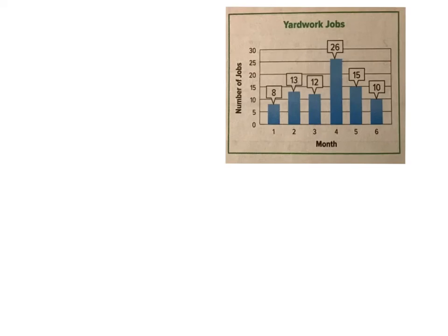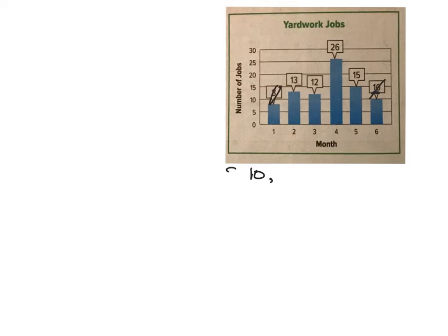All right, let's do the same thing for this data set. We have, let's see, number of jobs, and I'm going to put them in order. So this 10 is the smallest, and then after the 10, we have, oh, you know what? This 8.